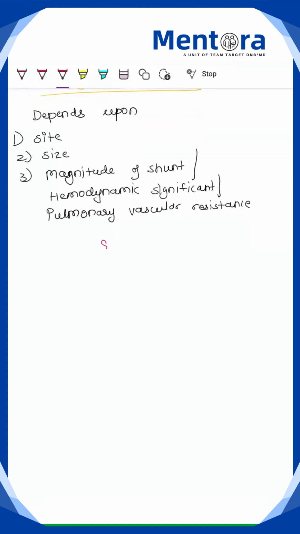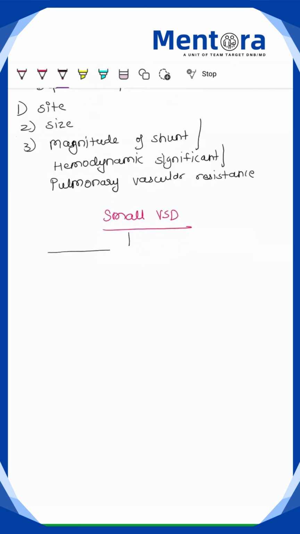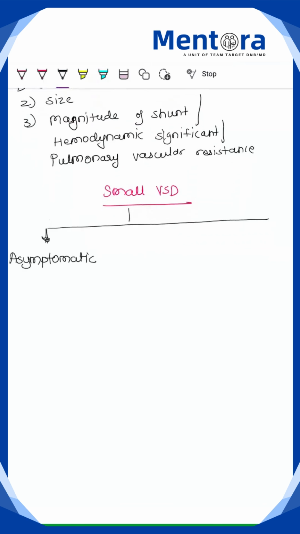Start with small VSD. So what was small VSD? The diameter is less than 1/3 of the diameter of the aortic annulus. There are 2 situations in small VSD. If patient is asymptomatic, what is the meaning of asymptomatic?